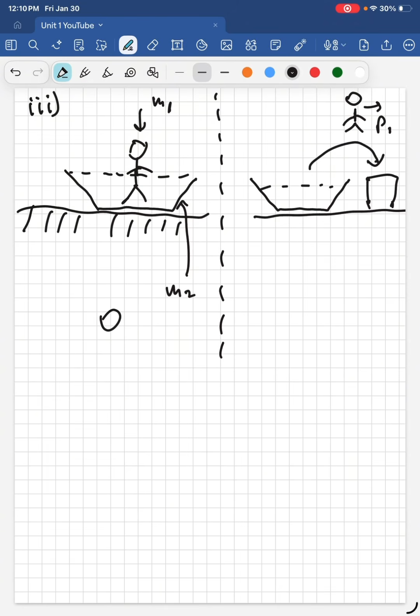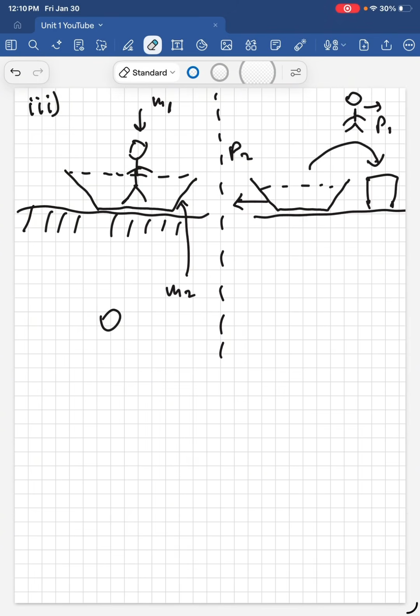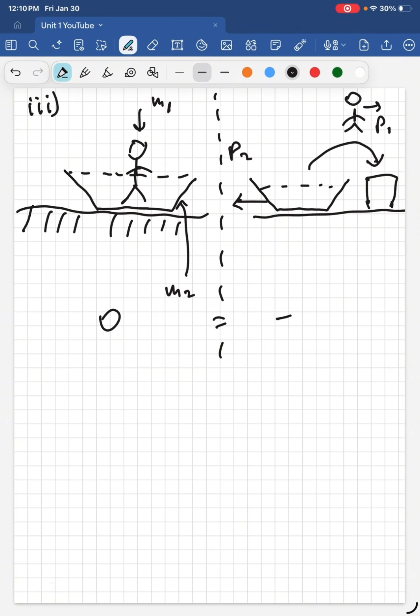And as he jumps off the boat, the boat has to move in the opposite direction with momentum p2. So in this case, we have 0 momentum before, and this must equal minus p2 plus p1. So these are the common cases for linear momentum.